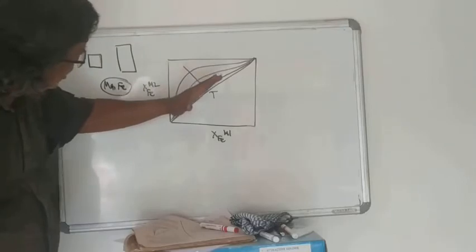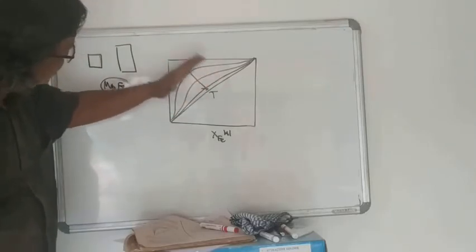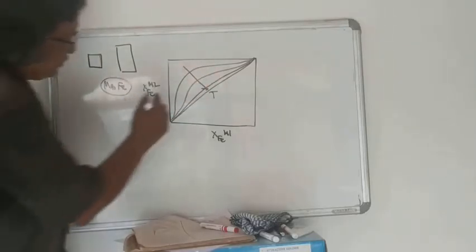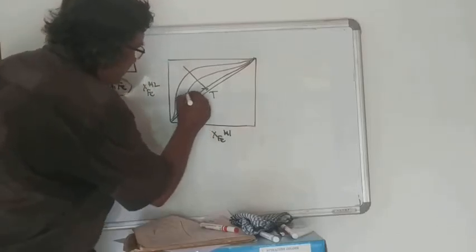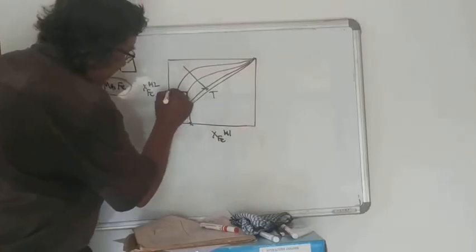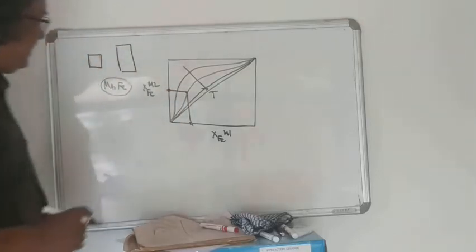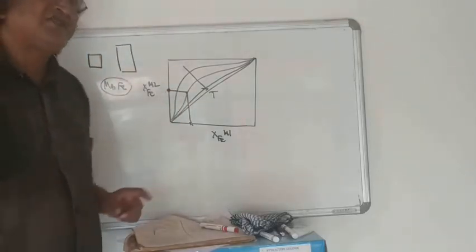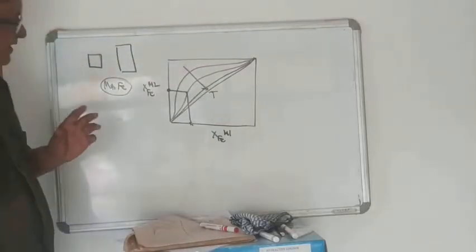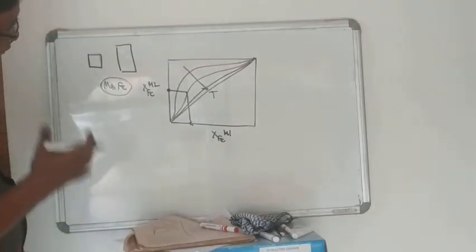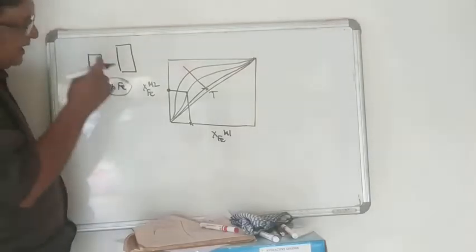That is why all the curves lie on this side of the diagram. So for a particular value of XFe M1, the amount of XFe in M2 is larger. Have you understood?